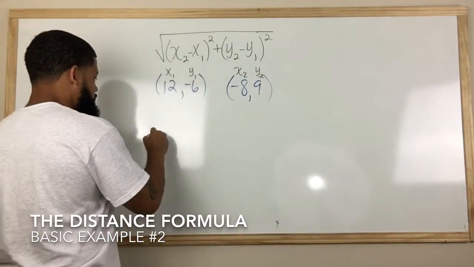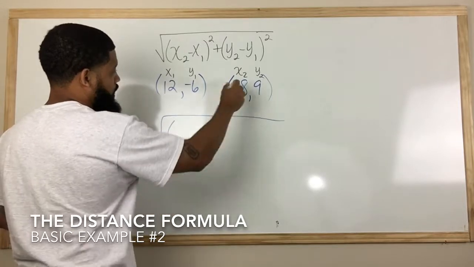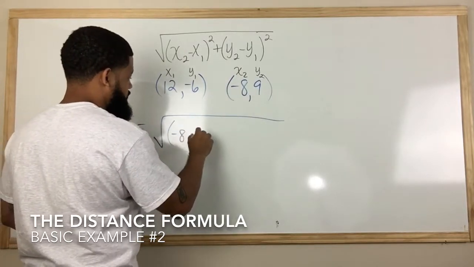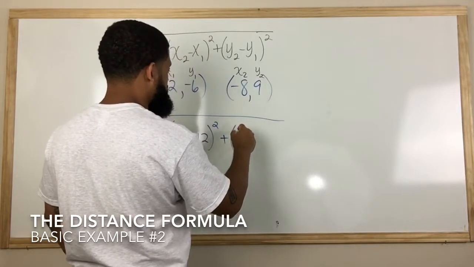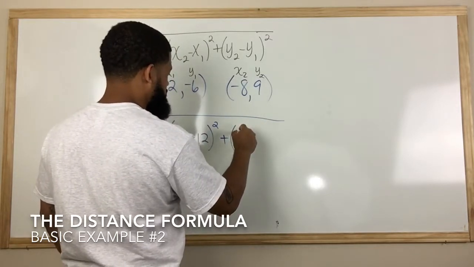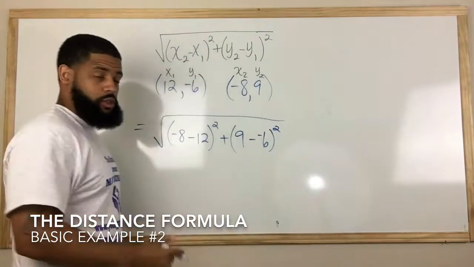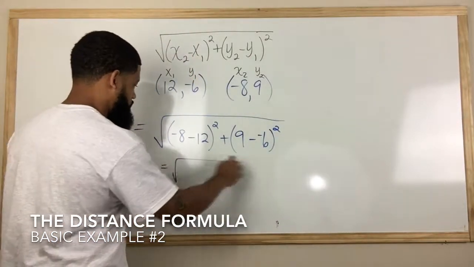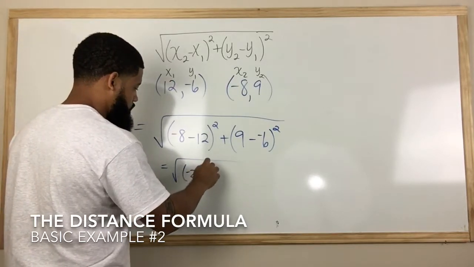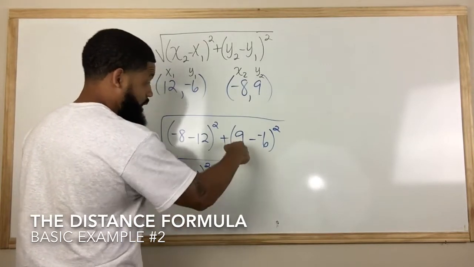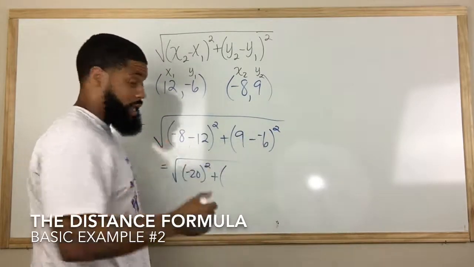So, the square root of (-8 minus 12) squared plus (9 minus -6) squared. We're just going to go ahead and calculate this. So we have -8 minus 12 is -20 to the second power plus 9 minus -6. Remember, when we subtract the negative, we're adding, all right?